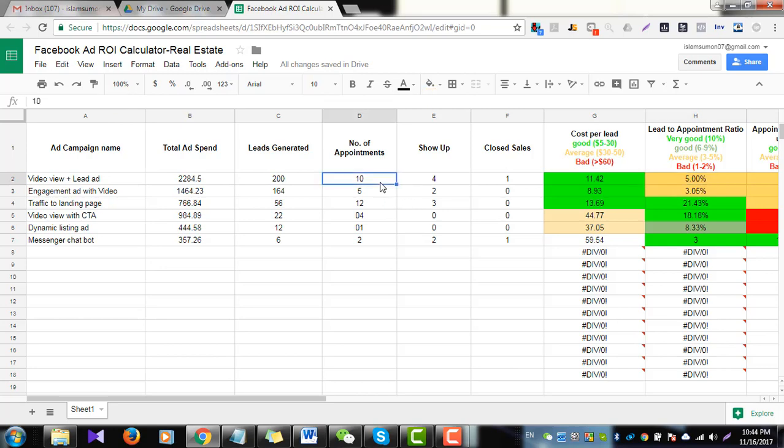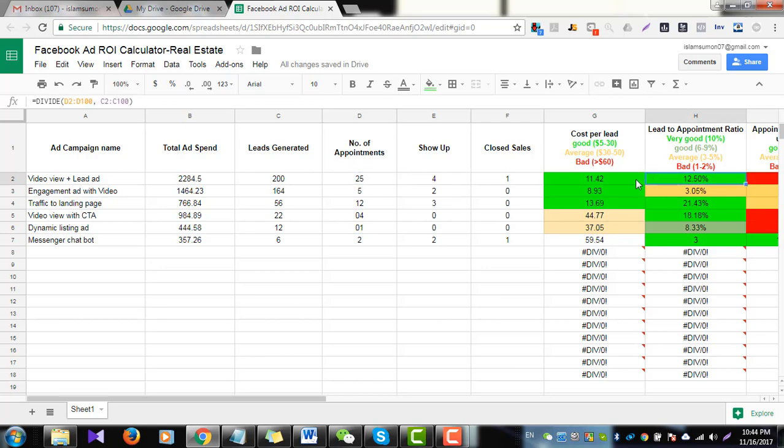So let's see, if I change this number to 15, it will turn into green. Okay, I think you get the idea of how it's working. If the result is like 25, you see the lead to appointment ratio is 12.5%, which is very good, but it doesn't happen usually.